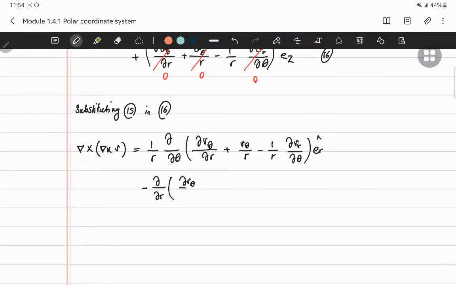So we have again this expression here, and this is e theta.